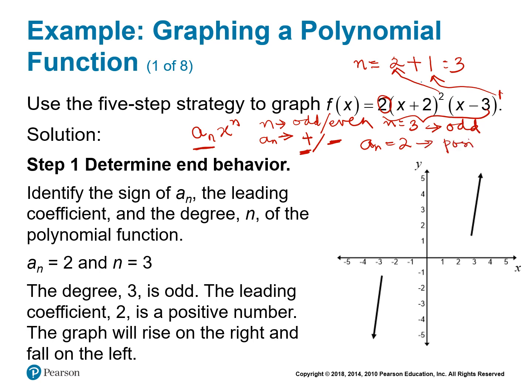So when n is odd and the leading coefficient is positive, the extreme ends will be like this. Now anything can happen in between the two ends. On the left hand side, the graph drops indefinitely.